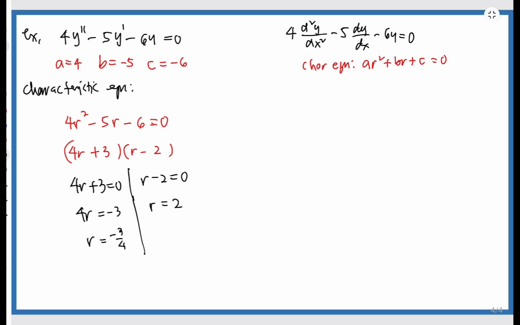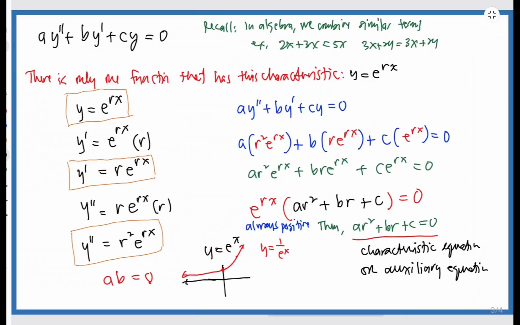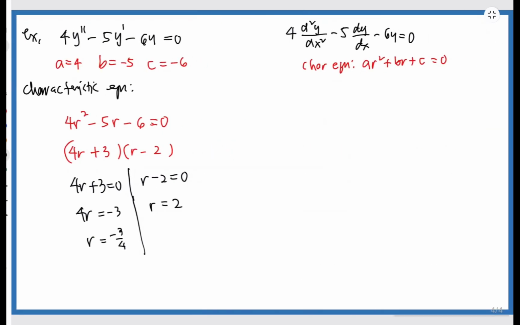So what are we going to do with r? This is the solution: y equals e to the rx, but there are two r's. So this is r1, this is r2. So one solution would be y equals e to the rx, so y equals e to the negative 3/4 x.